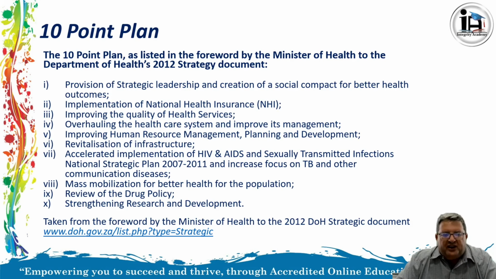Number 4, overhauling the health care system and improving its management. Number 5, improving human resource management, planning and development. Number 6, revitalization of the infrastructure. Number 7, accelerated implementation of the HIV and AIDS and sexually transmitted infections National Strategic Plan from 2007 to 2011, and increased focus on TB and other communicable diseases.